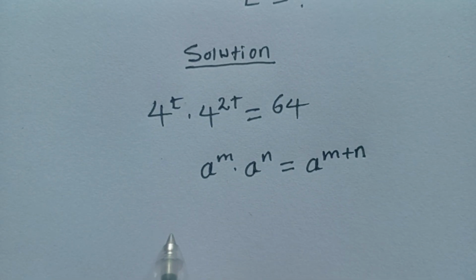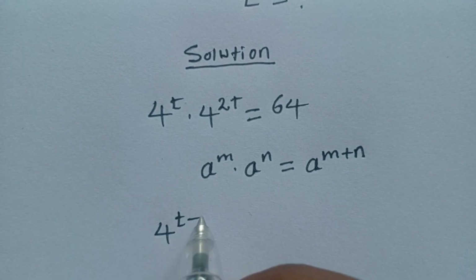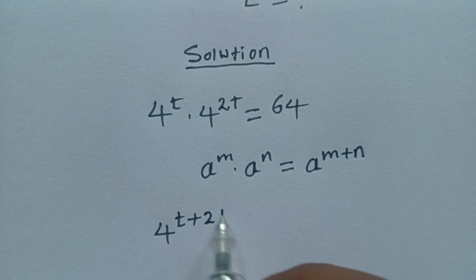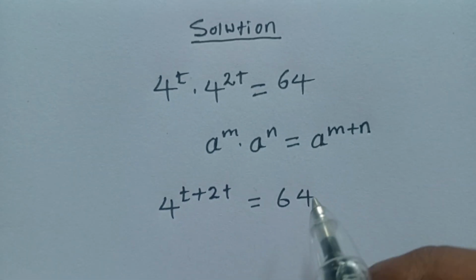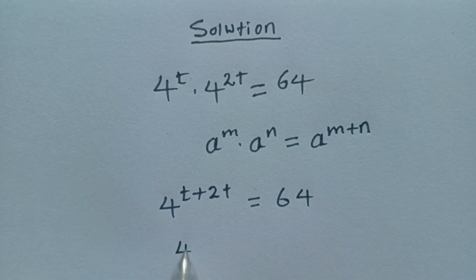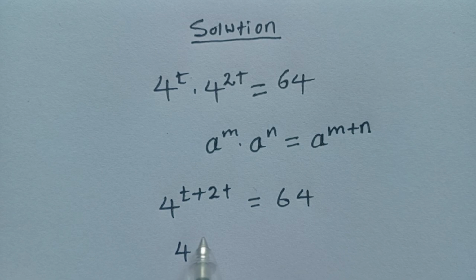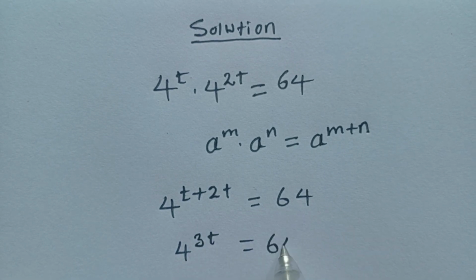So 4 power of t plus 2t equals 64. 4 power of t plus 2t equals 3t, equal to 64.